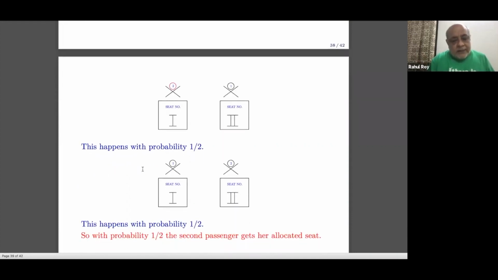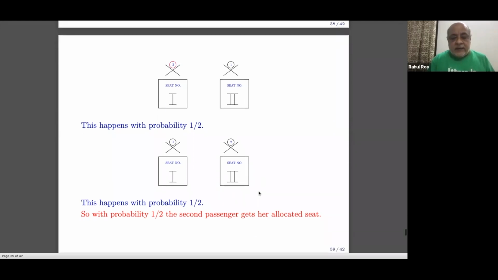But also it could happen that person number 1 has lost his number, but has randomly sat in the correct seat, in which case person number 2 will also sit in the correct seat. So the probability is half that the second passenger gets her allocated seat. This is for a two-seater plane.